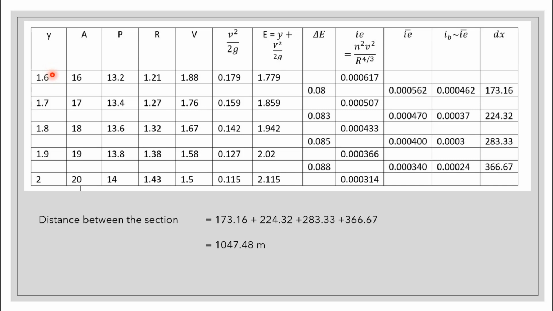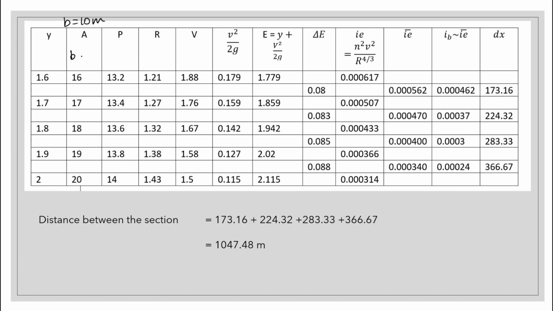Now for each depth I have to calculate area, perimeter, hydraulic radius, velocity, velocity head, specific energy, difference between specific energies, energy slope line, total energy slope line, IE dash, IB minus IE and dx. So let us see. If 1.6 is the depth, we already know the width of the channel, B, is given as 10 meter.